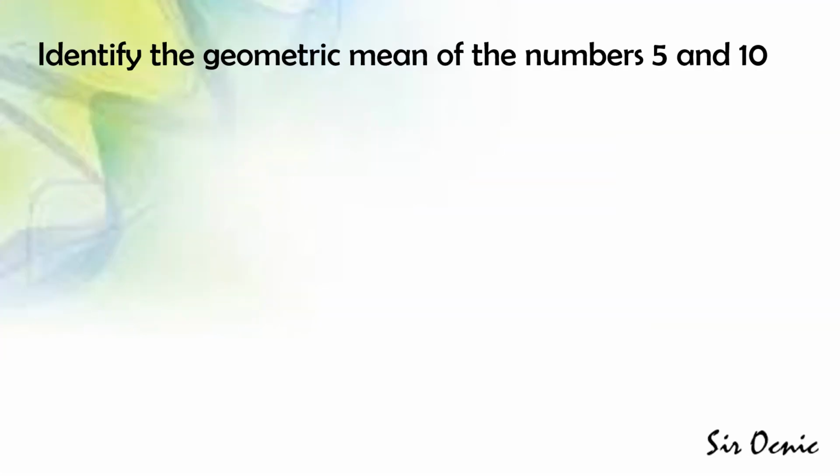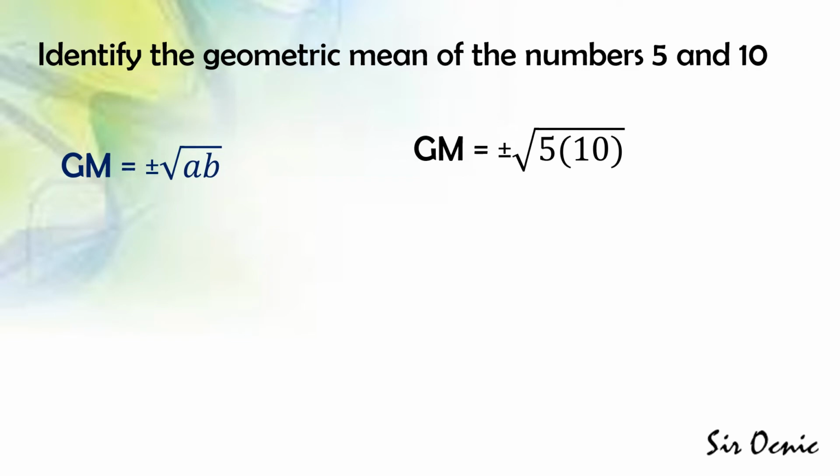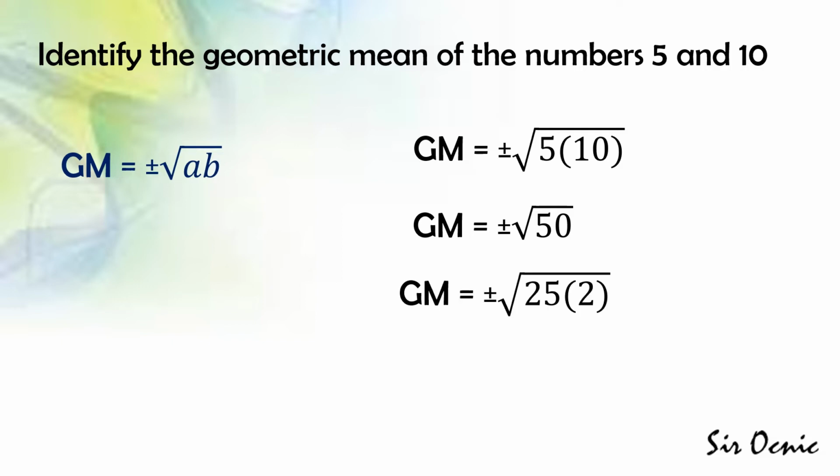Identify the geometric mean of the numbers 5 and 10. Using the same formula, we will have positive negative square root of 5 times 10, which is equal to positive negative square root of 50. Now, square root of 50 can be simplified. Although it doesn't have exact value, we may factor out 50 by 25 and 2.